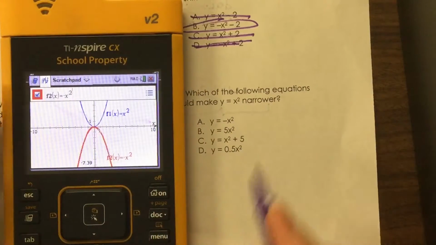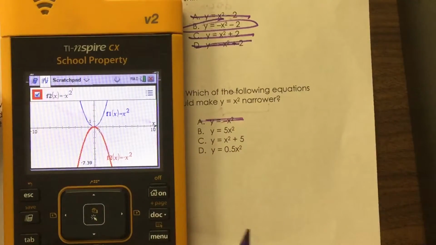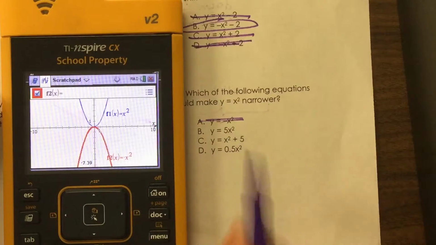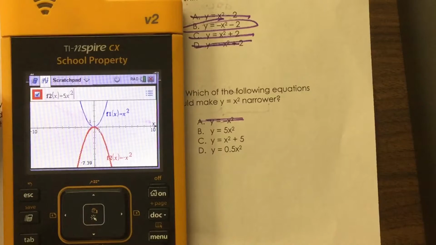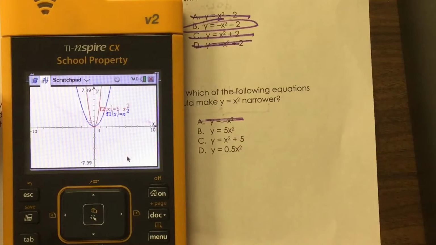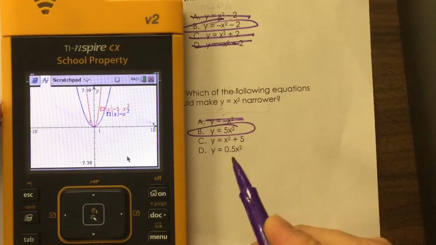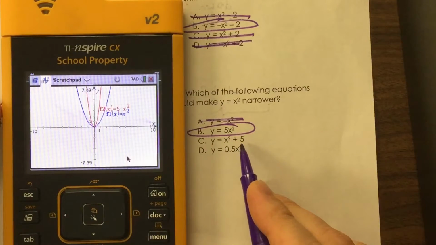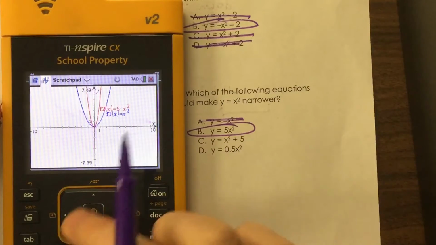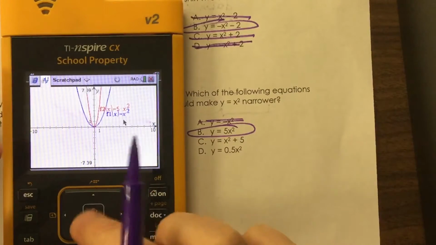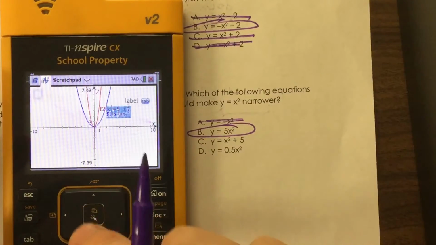I'm going to double click it, erase it and put another one in. B says 5x squared, so let's put in 5x squared. It did get narrower. That's the right answer. If I put plus 5, that's not going to work. Let's change the 5x squared to a plus 5 to see what happens.